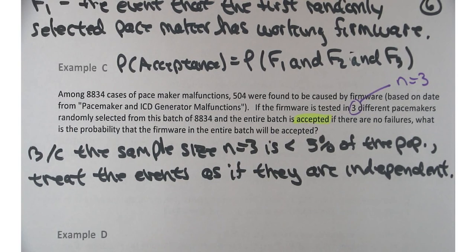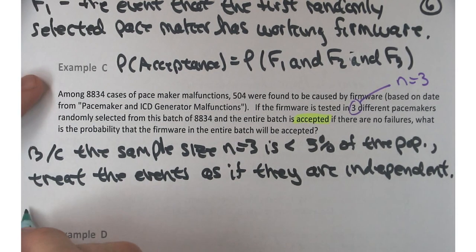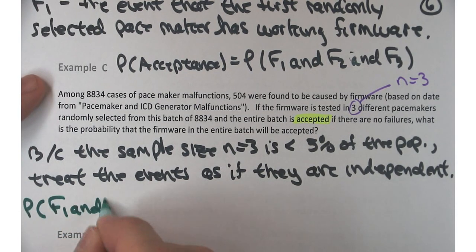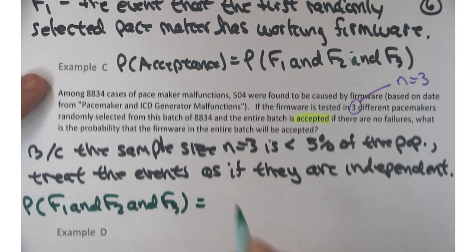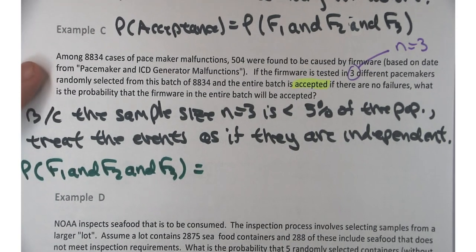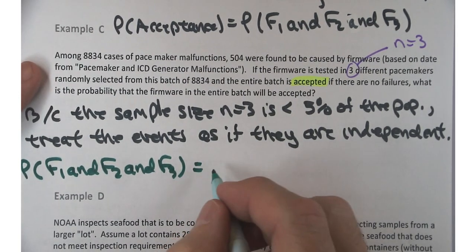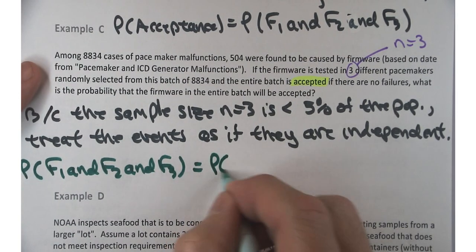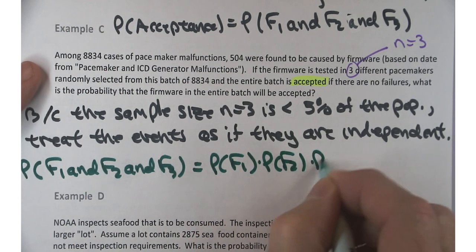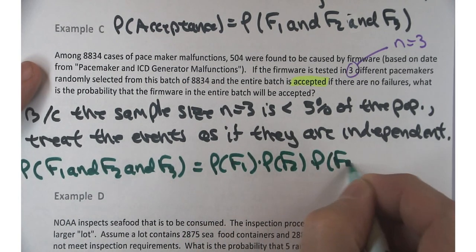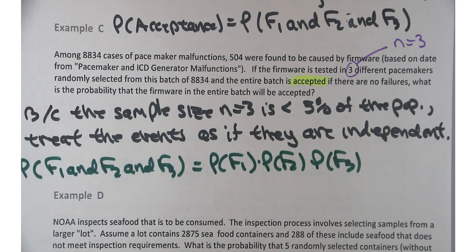So how's your calculation going to proceed? Well, the probability of F1 and F2 and F3. We can treat this as the probability of F1 times the probability of F2 times the probability of F3. And in fact, we're going to go one a little bit better.